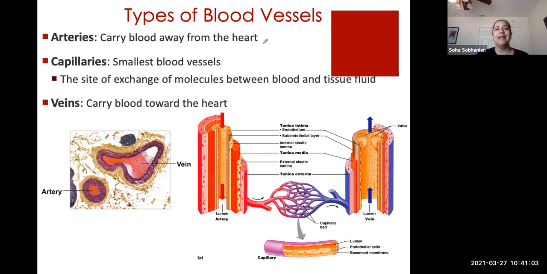Arteries are any type of blood vessel that is taking blood away from the heart. I think the biggest misconception I see among my students is that arteries are red and veins are blue. For the majority of the part, that is correct.